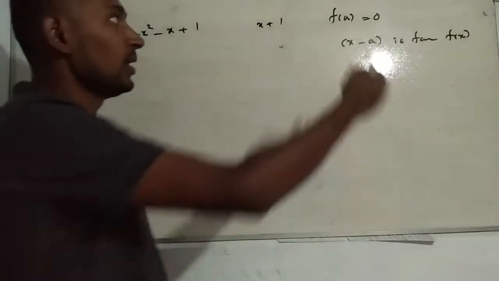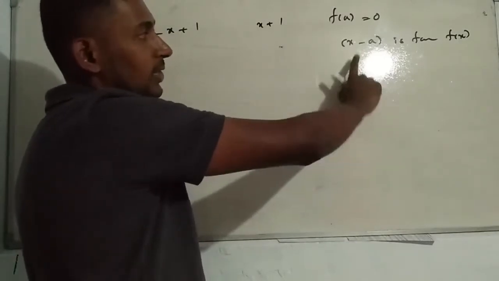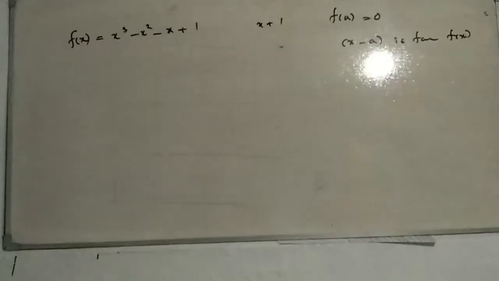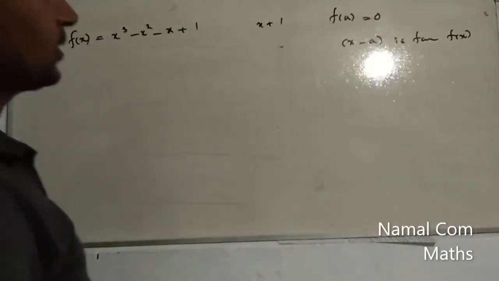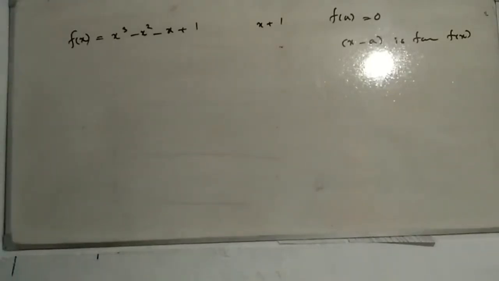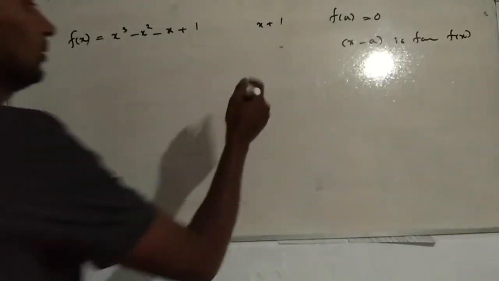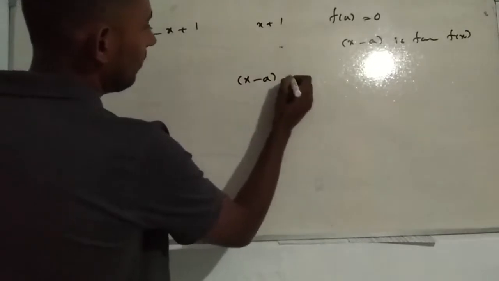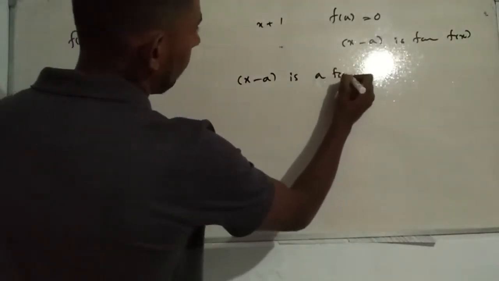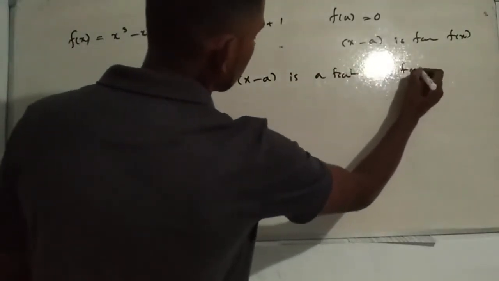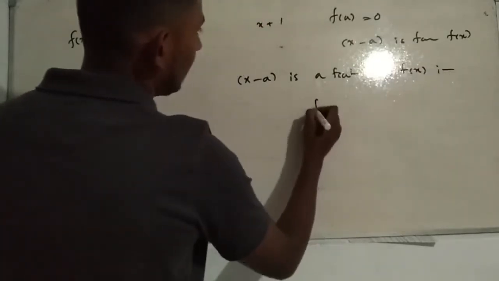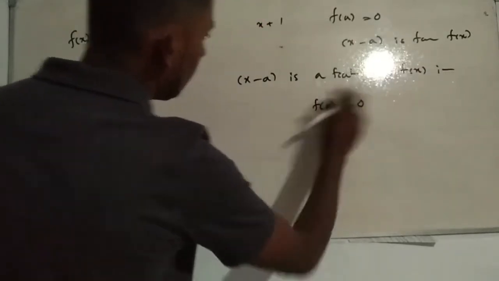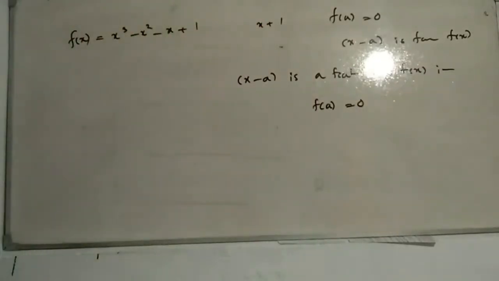The factor theorem says if f of a equals 0, that means x minus a is a factor of f. So what is the converse of the factor theorem? The converse is: if x minus a is a factor of f of x, we can say that f of a equals 0.